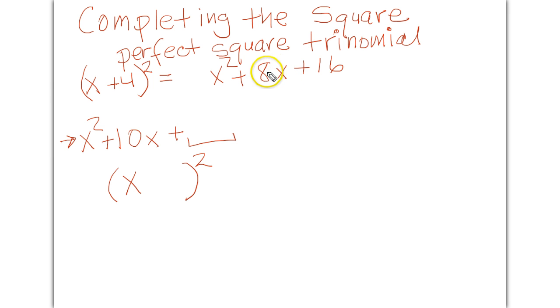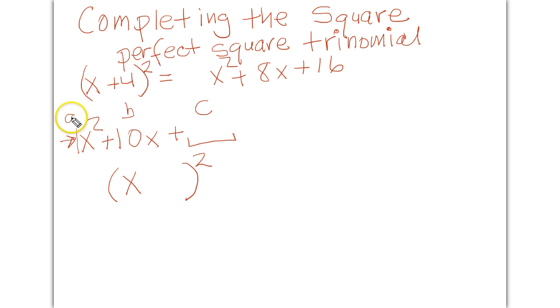So if we want to undo the doubling, what would we do? Well, we would divide by 2. So we look at this term, and by the way, this is our b term, and we're trying to find what our c term is, and there's a 1 here that we don't write.